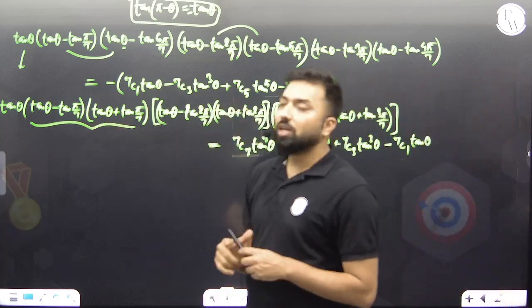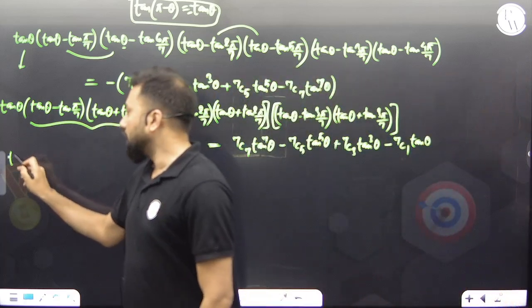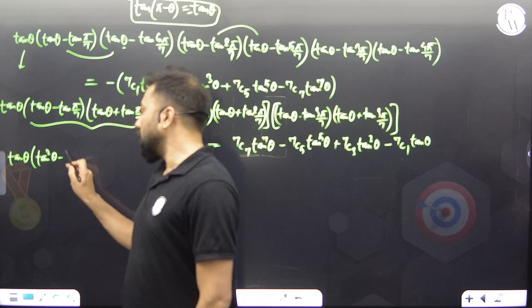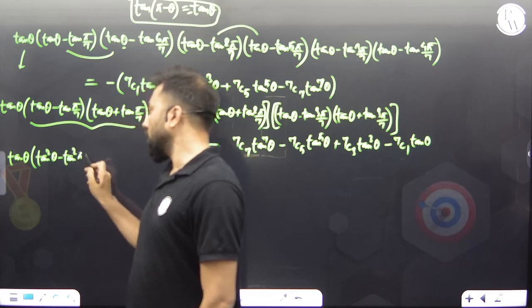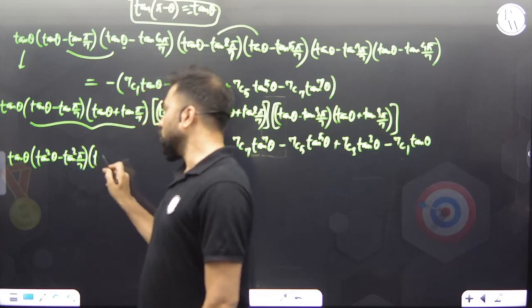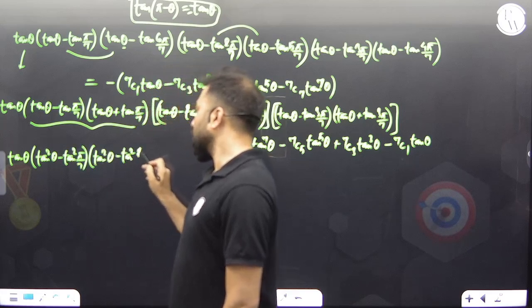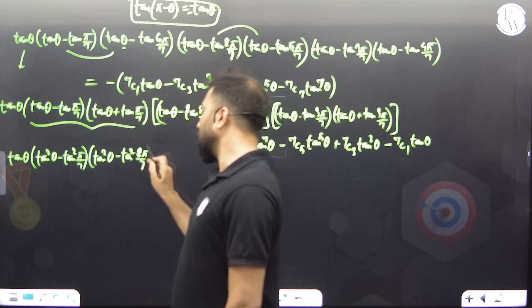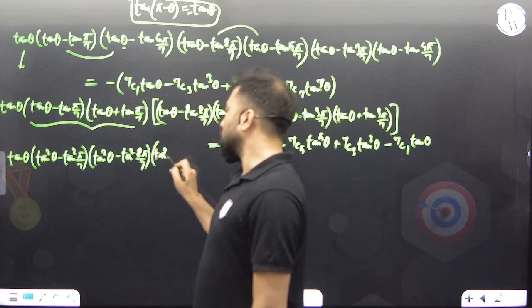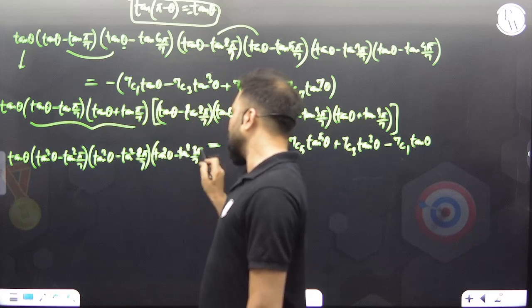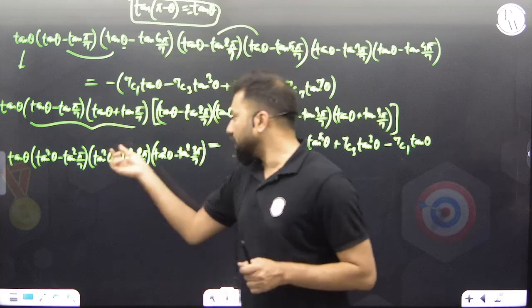This particular expression will now become tan θ into (tan²θ minus tan²(π/7)) into (tan²θ minus tan²(2π/7)) into (tan²θ minus tan²(3π/7)). So I'll have to equate these two terms now.